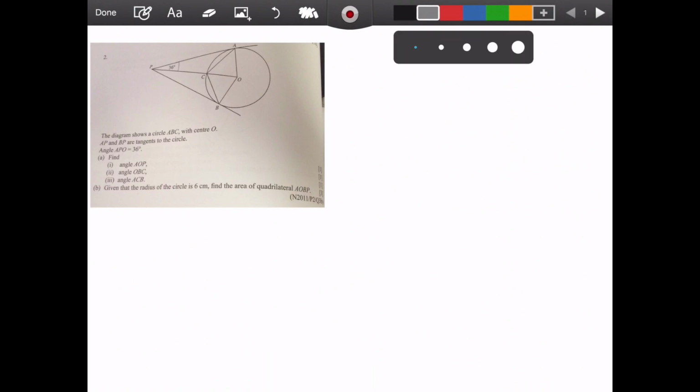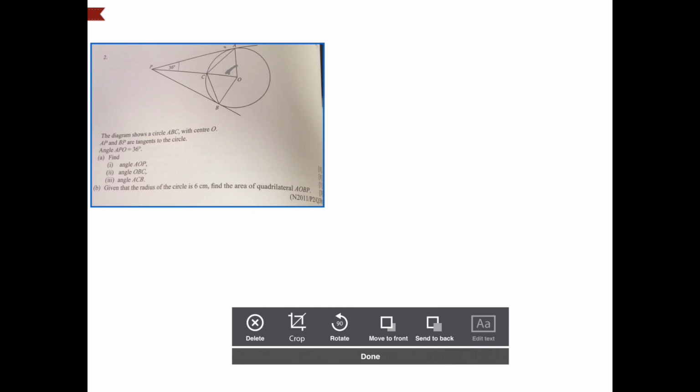Okay, so the question is interested in this angle AOP. As we can see here, if AP is tangent to the circle, that means this angle OAP is 90 degrees.